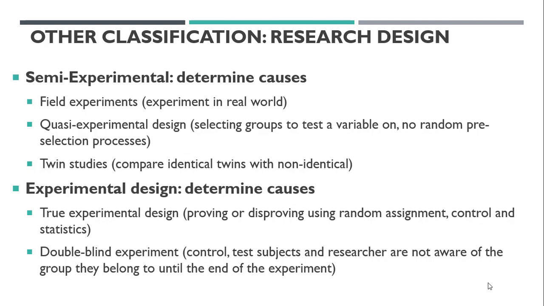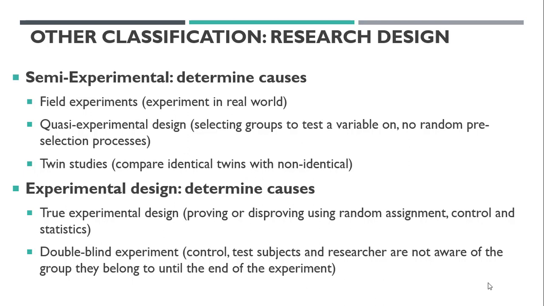By selecting the group, you are trying to have a little bit of control. So you are not doing a random selection. By selecting a particular group, you are trying to introduce a bit of control into the system, because remember, if it is experimental, you exhibit a little bit of control over what goes on. So if it is semi-experimental, you don't have full control. If it's full experimental, you have full control of what is going on. You can manipulate the system, the environment, as you deem fit.